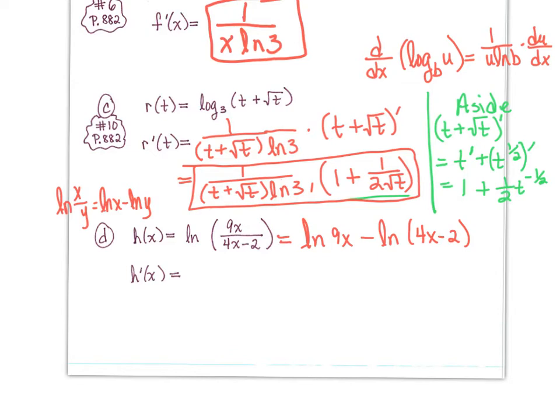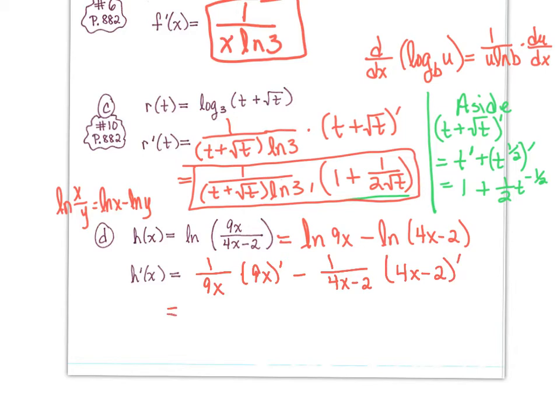Now, to differentiate this, we have to use rule 1. So we have 1 over 9x times 9x prime, minus 1 over 4x minus 2 times the derivative of 4x minus 2.